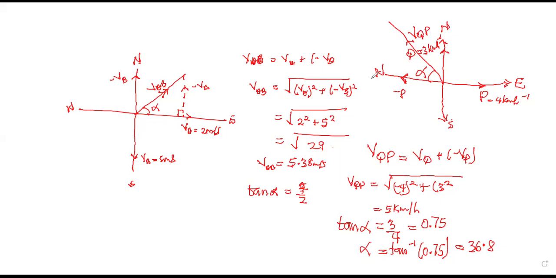When you look at the answers, we have 5 kilometers, 36.9 south of east, which is not correct. 36.9 north of east, which is not correct.